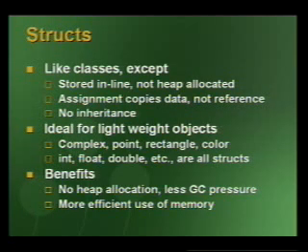Structs are ideal for lightweight objects like complex numbers, points and rectangles, color. And indeed, as I said, all the primitive types in the system are actually structs. Int and float and double are structs. Structs basically bridge the gap between primitive types and classes, is how to think of it.